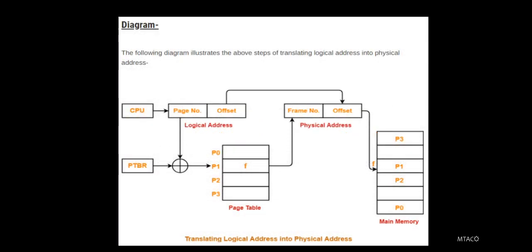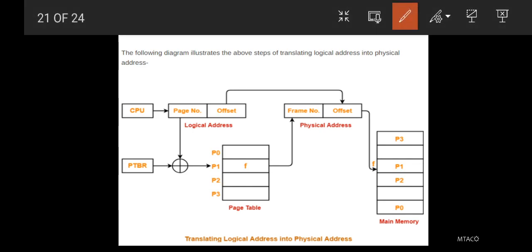This diagram illustrates the above steps of translating your logical address into your physical address. There are three steps. The first step is to recognize the reference number of your logical address from your CPU.